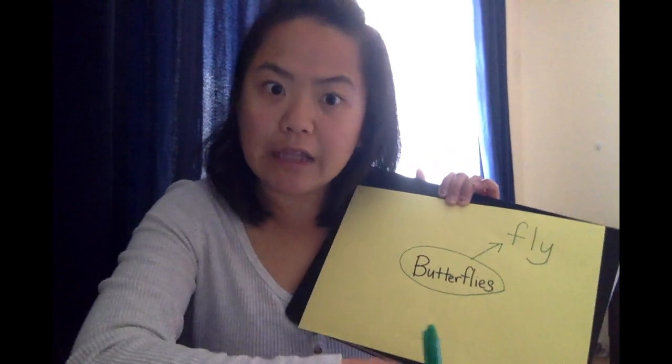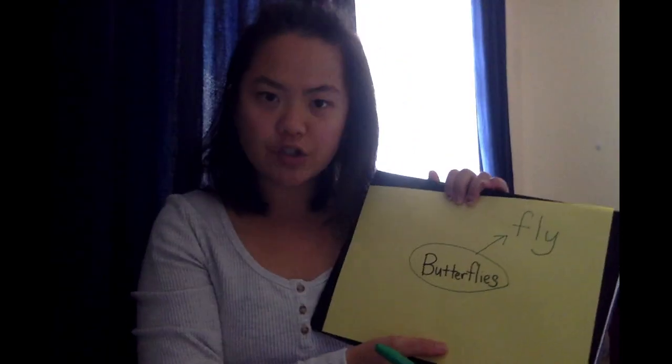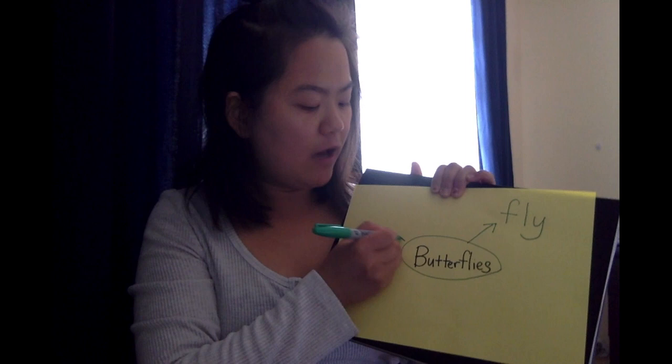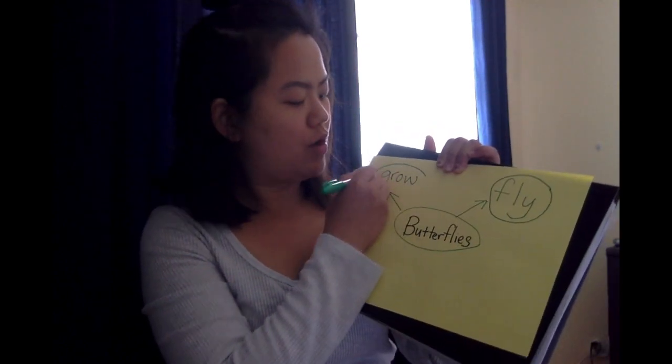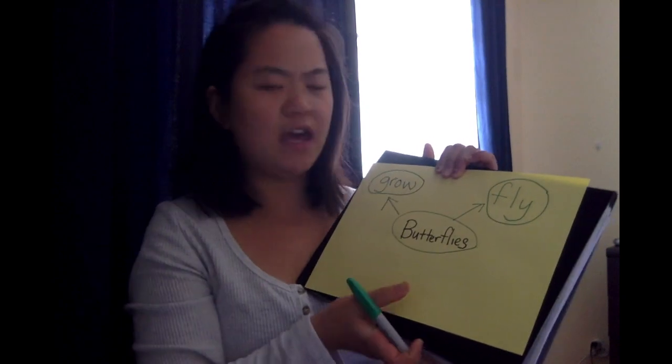We've learned about the life cycle of a butterfly, so maybe we can also write about how butterflies grow. That's a detail we can add. The butterflies grow. So I know that they fly and they grow.